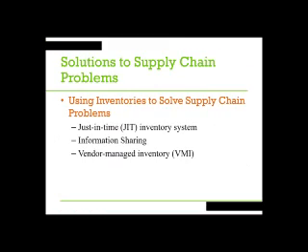So how do we solve these issues? JIT, just-in-time inventory, and we'll look at some videos on this as well in class. The concept here is that the raw materials and sub-assemblies that I need to make the finished good at my facility, I don't want to have those components in my factory until I need them.